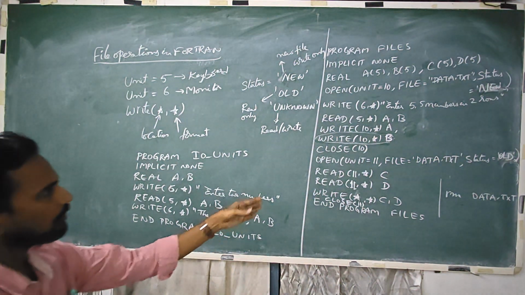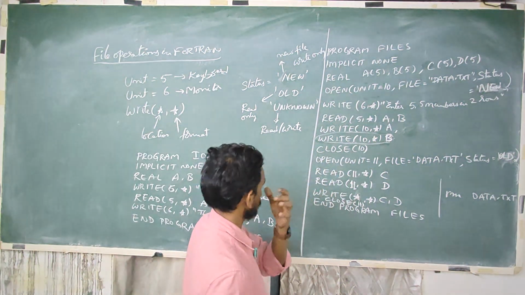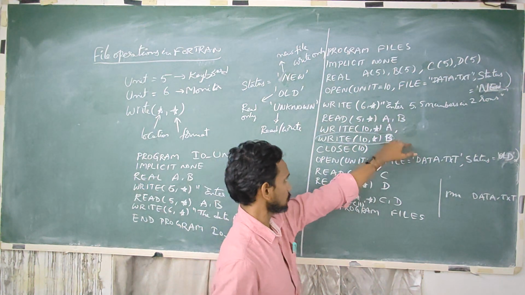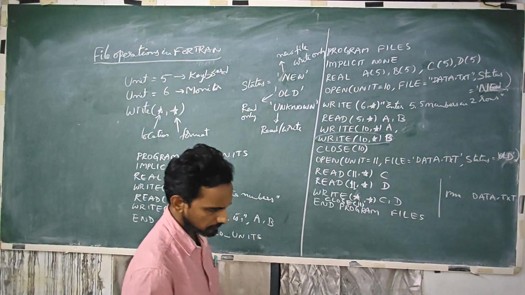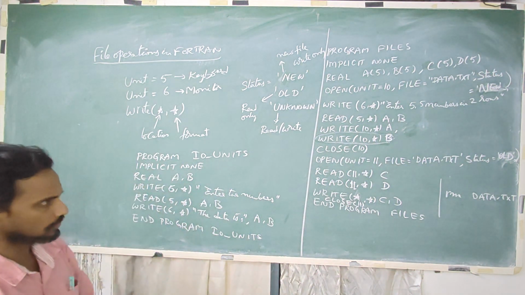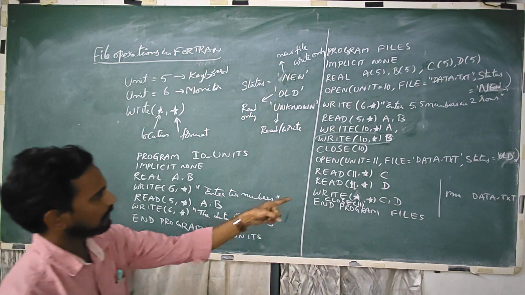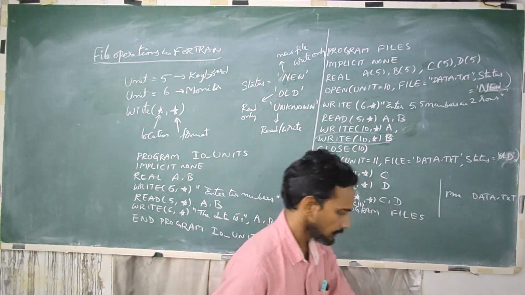Okay, so now I'll do another operation. So I wrote 2 variables into the file and I have closed it, and I try to read this data from the file.